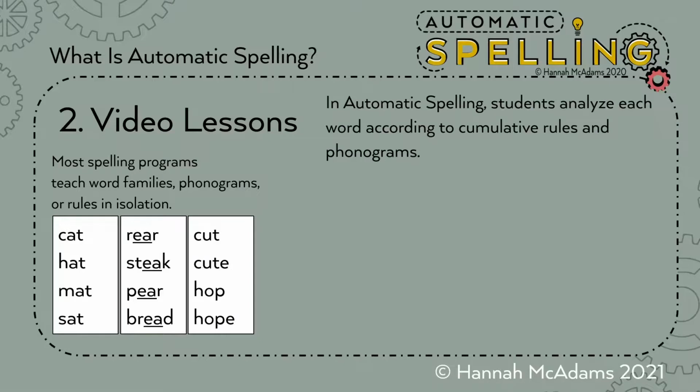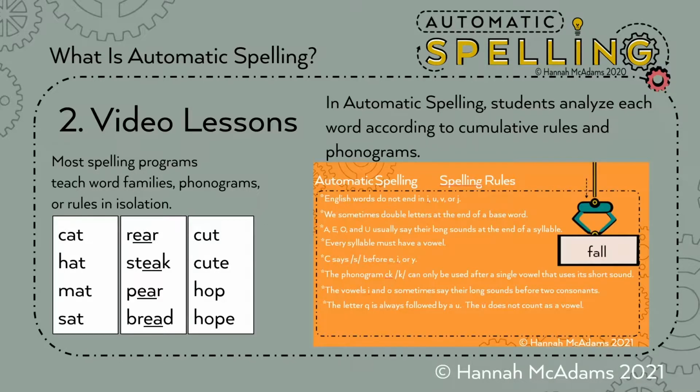Okay, so in automatic spelling, students analyze each word according to cumulative rules and phonograms. For example, this is a screen of one of my videos, and here are all the rules that we have learned so far. English words do not end in I, U, V, or J. You can read all of these.